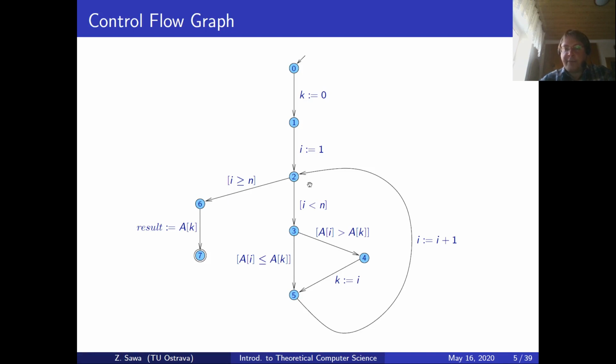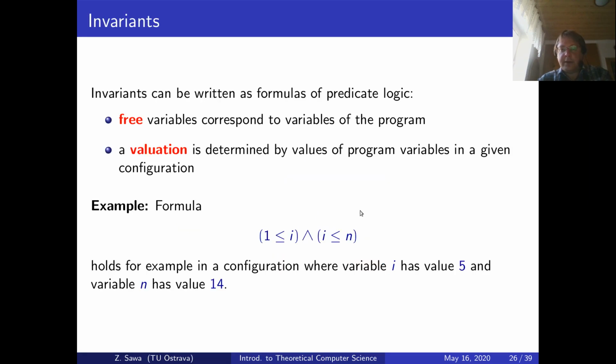So in every computation on every possible input, it will always be the case that whenever the algorithm is here in this control state, then this condition is satisfied. So this is what we mean by invariant. But of course, I can state something like this, but it's not obvious that it's really the case.